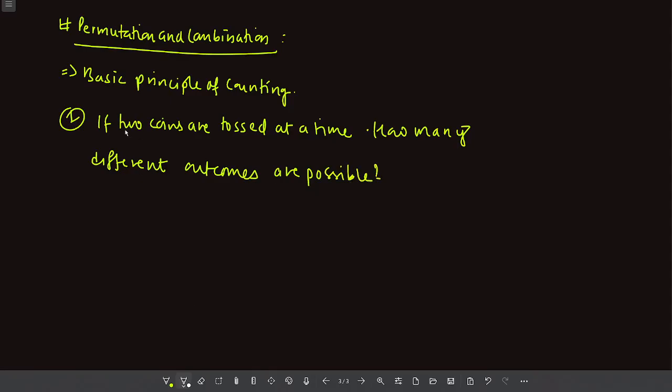Okay, look at this question. If two coins are tossed at a time, now how many different outcomes are possible? How many outcomes?